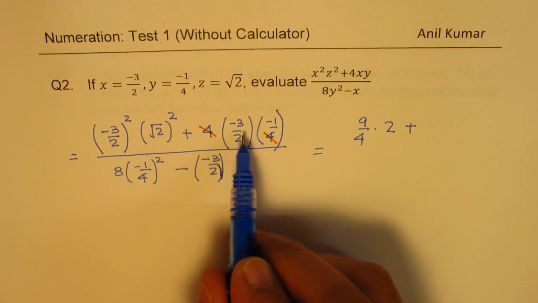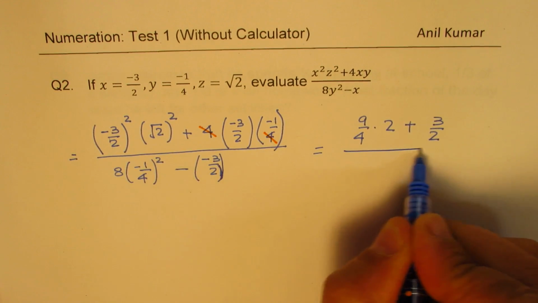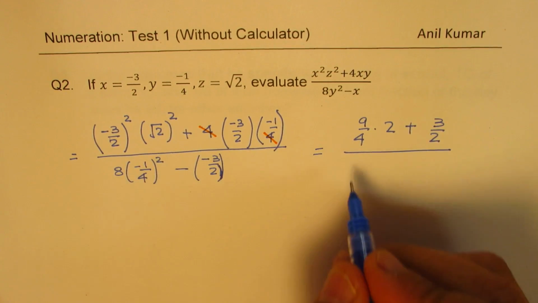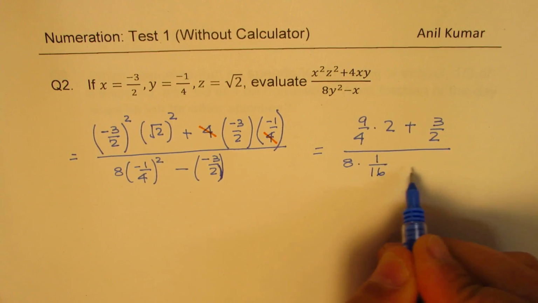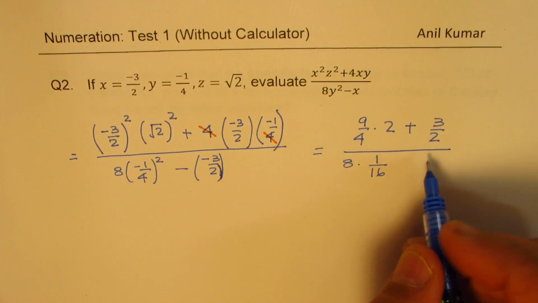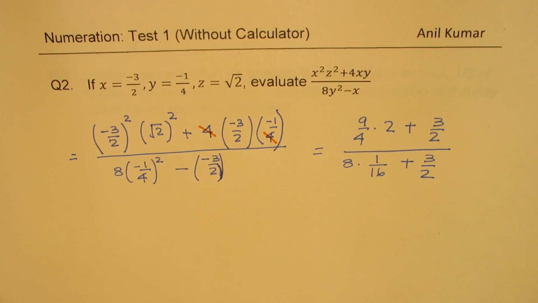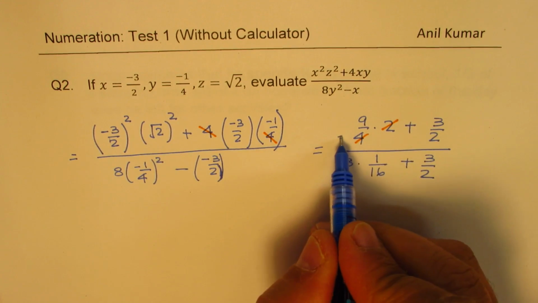So what we get here is 3 over 2 divided by, now if I square this, negative becomes positive, so we get 8 times 1 over 16. Minus and minus makes it positive 3 over 2. Correct? We can also simplify this, dividing this and getting 2 here.